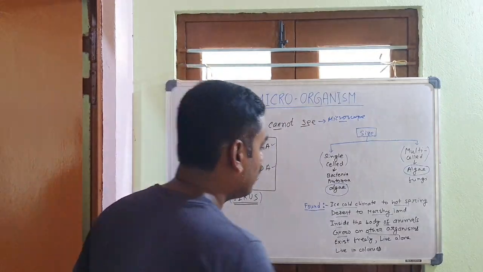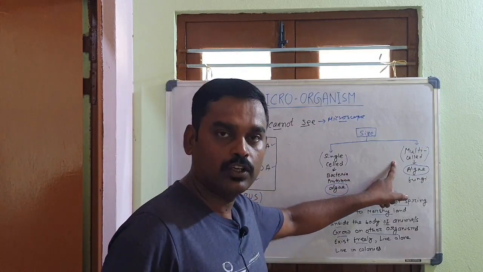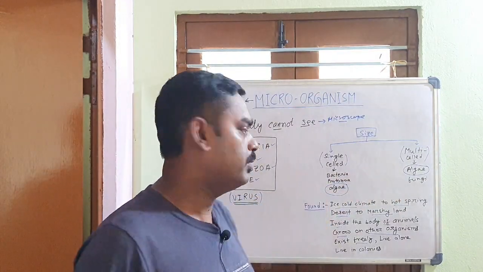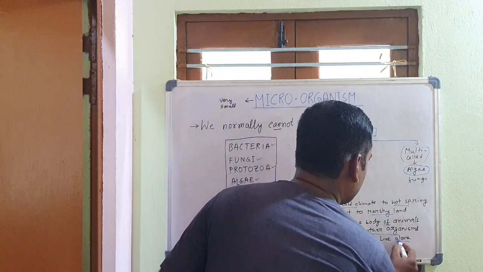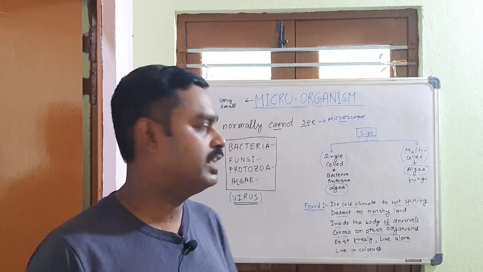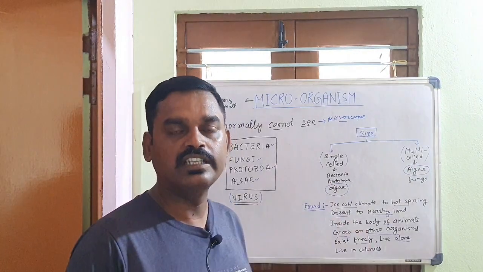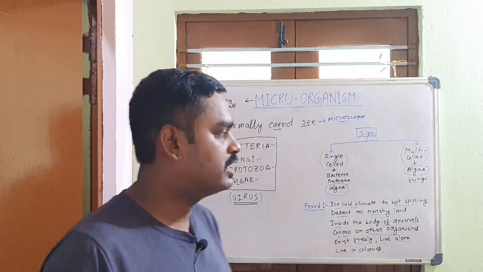Microorganisms can exist freely. That means in contrast to multicellular organisms, a single cell can exist alone in nature, such as amoeba. Amoeba is a unicellular organism, but it is found in nature freely.